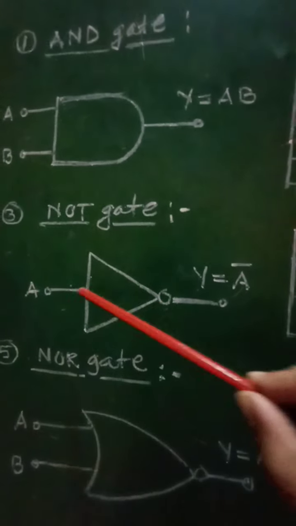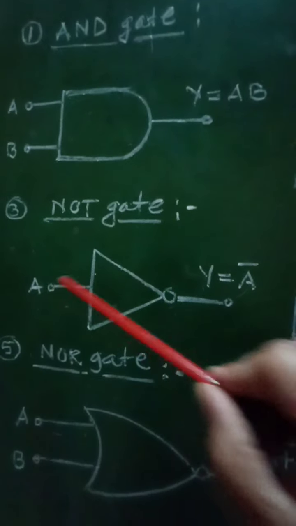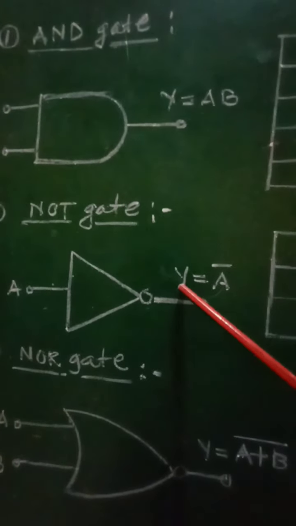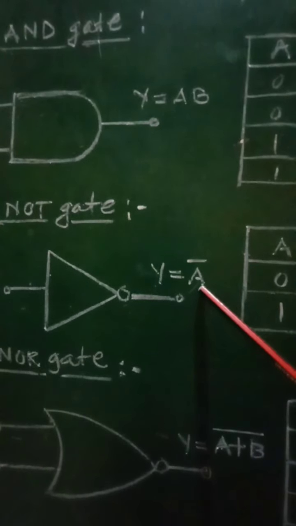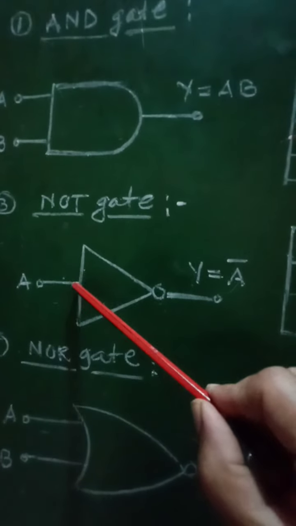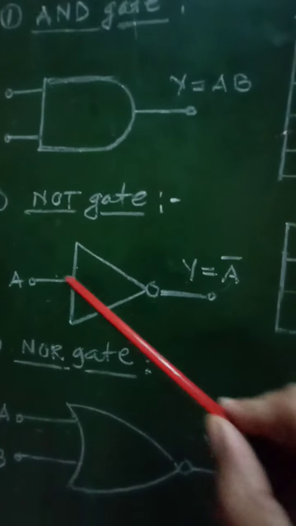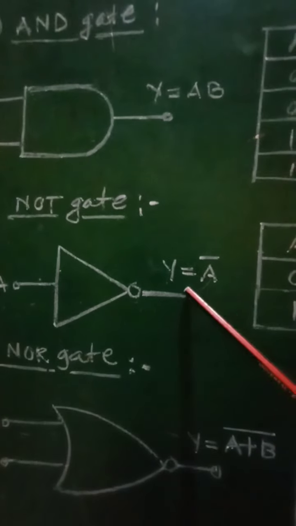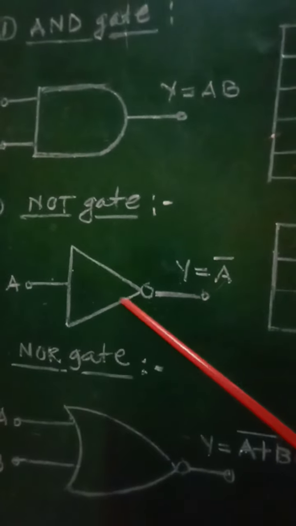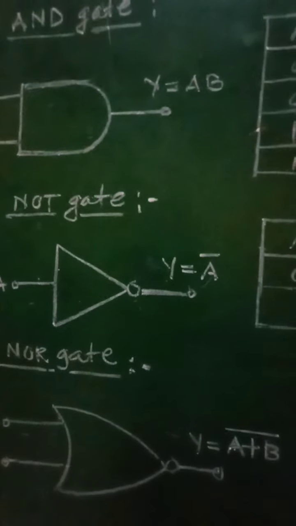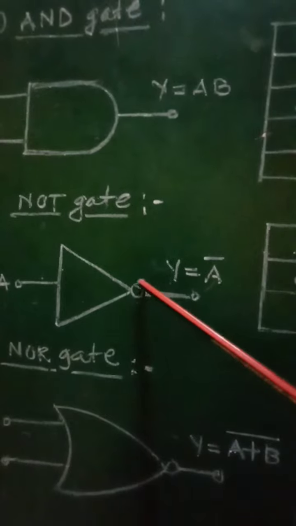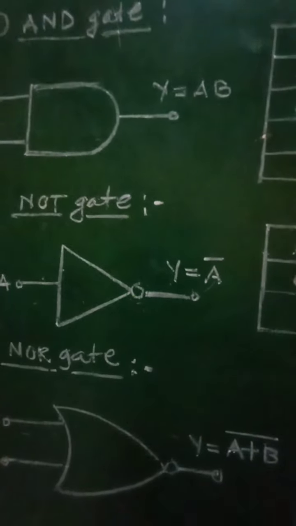It will have only one input, and so the Boolean expression will be y equal to A bar. That is, the input supplied at the input of this NOT gate will be inverted here at the output. Symbolically, it will be represented as shown. Here there will be a small bubble at this vertex.